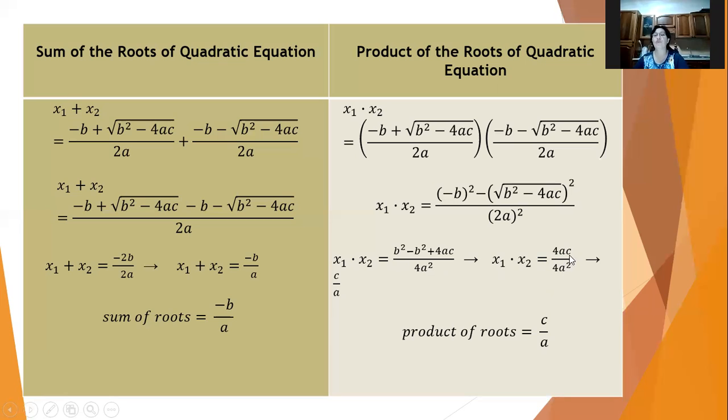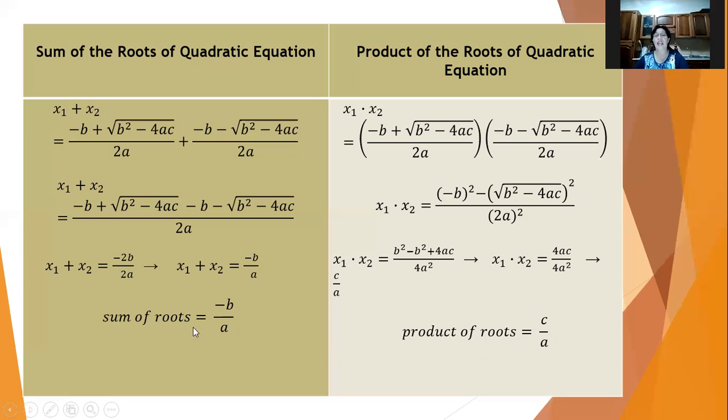Therefore, 4ac divided by 4a squared is equal to c over a. The product of roots is equal to c over a. This means that we can use the formula c over a in finding the product of the roots, and negative b over a in finding the sum.